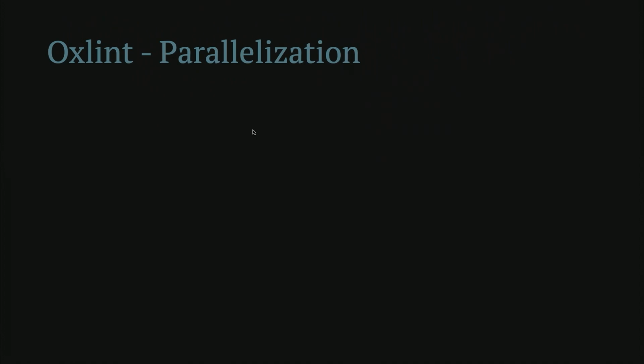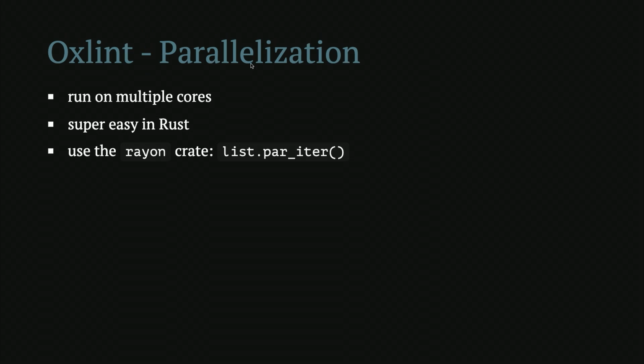So one of the key features for making it fast is parallelization. So you run on multiple cores, and that's not doable in JavaScript unless you use workers, but workers are slow, and it's not native to the CPU machine. And in Rust, there's just one line of code. So if you have a list of data, you just do parallel iteration, and that's it.